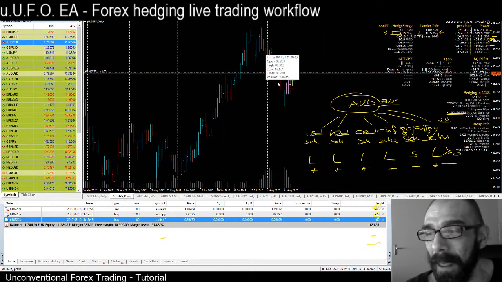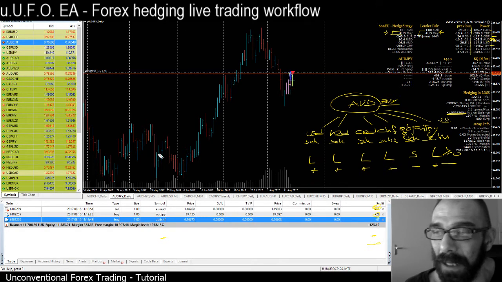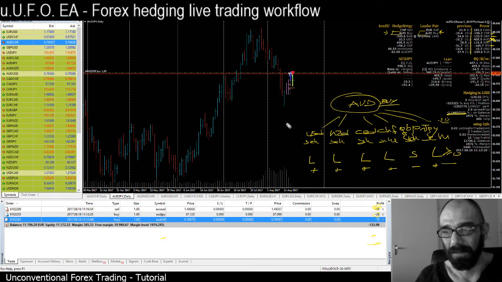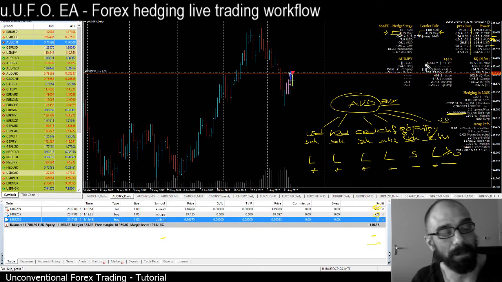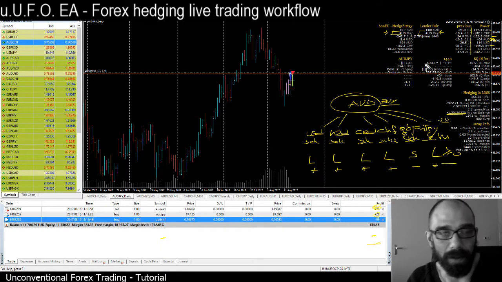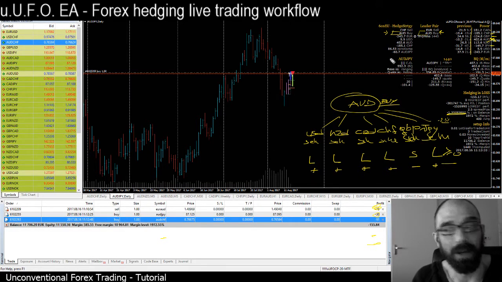Okay, so I open the chart now, and after some minutes I see the values which are telling me, and of course it will take time for the market to move, so I need to have a bit of space.